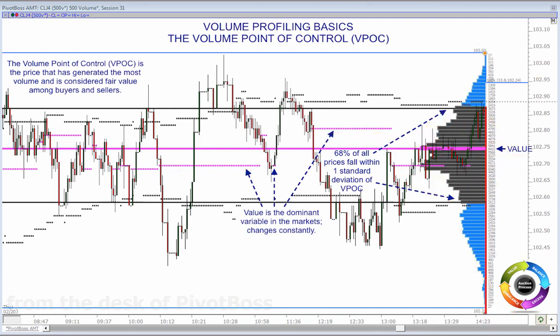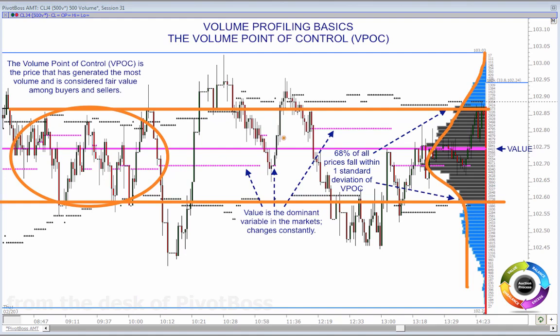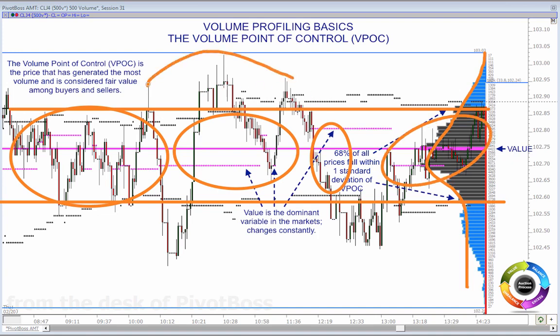If you look at the profile here, you can see how it's that bell-shaped curve again. Here's the line on top. Here's the line on bottom. Look how much trading occurred at these price levels. Here, here, here, and all of this. And look how little action traded on the edges above it or below it.